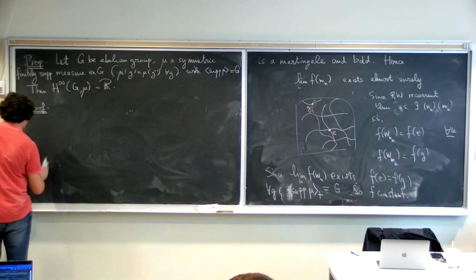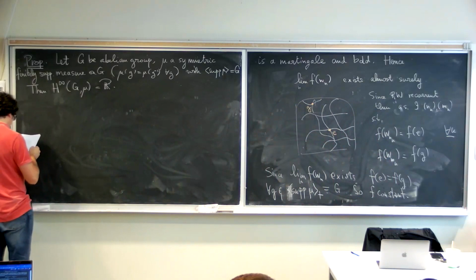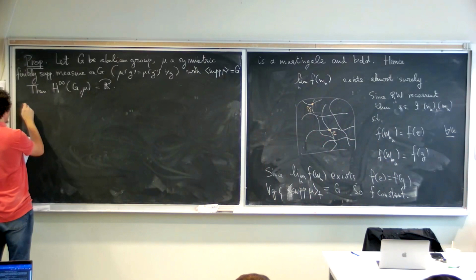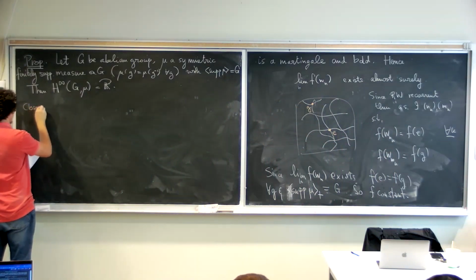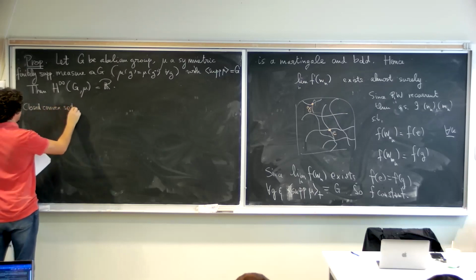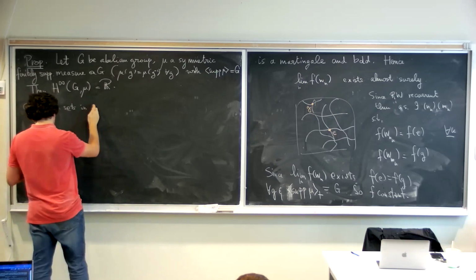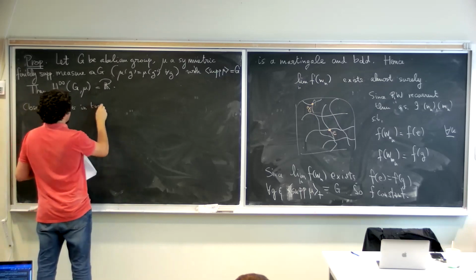So before writing the proof, we look at a minor detour: we want to say something about closed convex subsets in topological vector spaces.